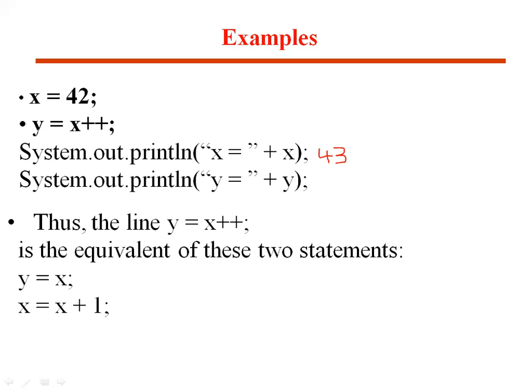That means first, what do you need to do? First you assign. See here, there are two operations: one is assign and the second one is increment. So first you assign x value to y, then you increment x value afterwards. That is the meaning of post.